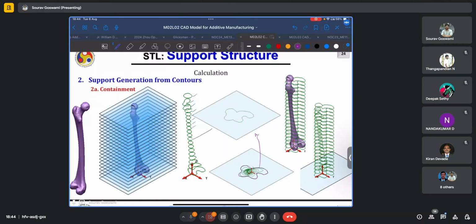Say this layer here may be located somewhere here. You know that inside this region is where you need to fill with the build material, and the rest of the region is where the support lies. So you fill it with the support material.